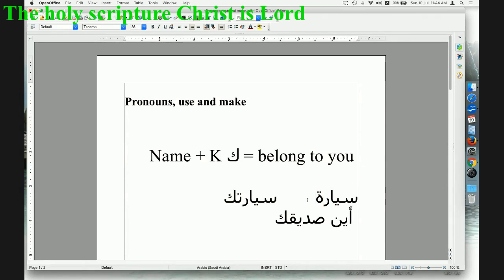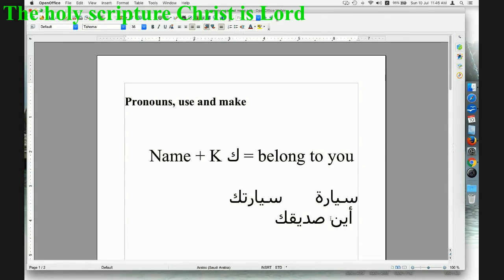Ta maftuha, if you remember, is the big ta. So anyway, the important thing for now is that we add the ka at the end, and you will see the word sayyara became sayyaratuk, your car.